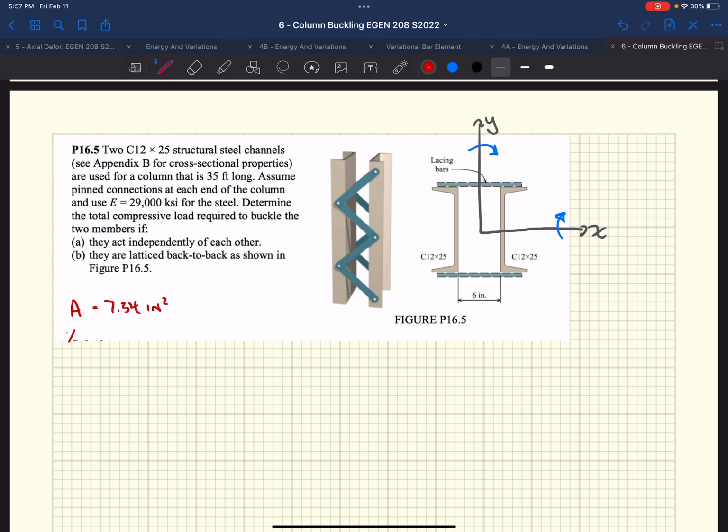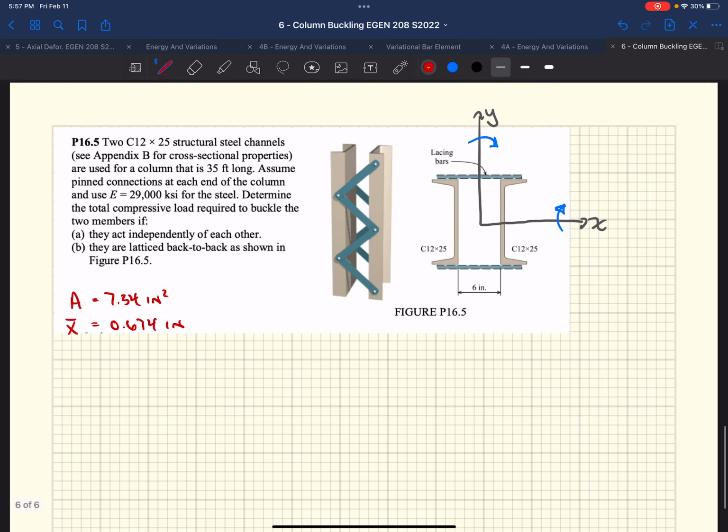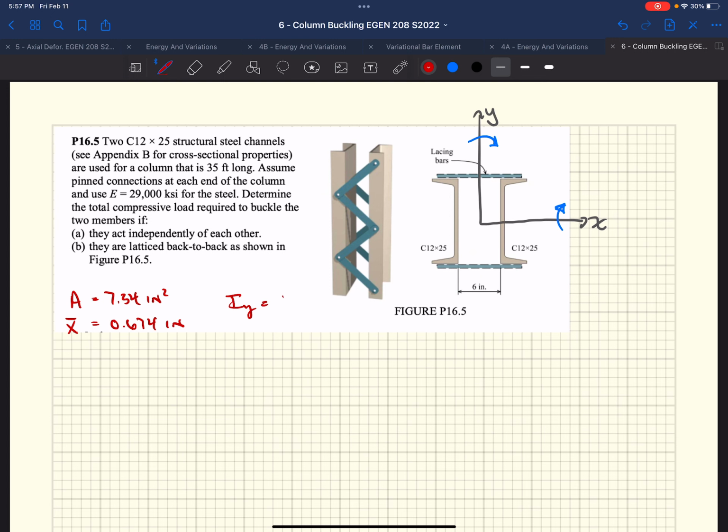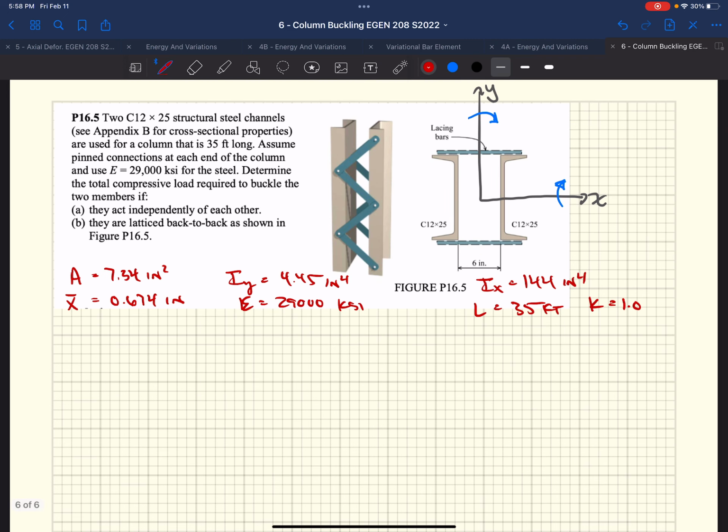We've got x bar equals 0.674 inches, I sub y is 4.45 inches to the fourth, E equals 29,000 ksi, and I sub x equals 144 inches to the fourth. We have length 35 feet, and K equals 1.0. All right, we have all of that information.